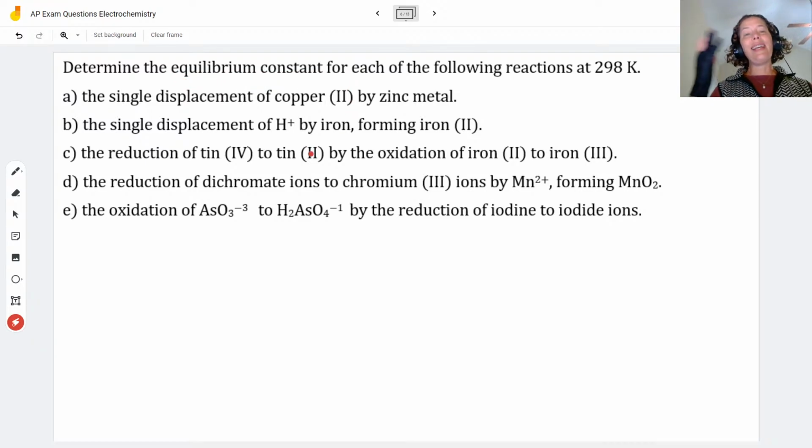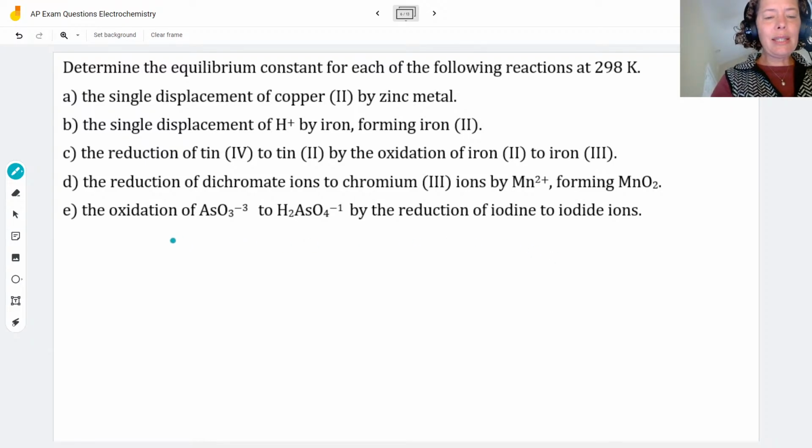So I'm still going to take the E cell that I calculated from the first question, and now I'm going to use that to calculate the KEQ for each of these reactions. So again, it just kind of ties everything in, and the AP really loves to do this on especially the free response questions.